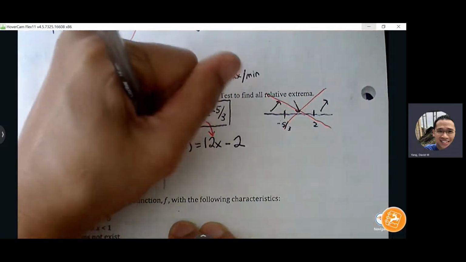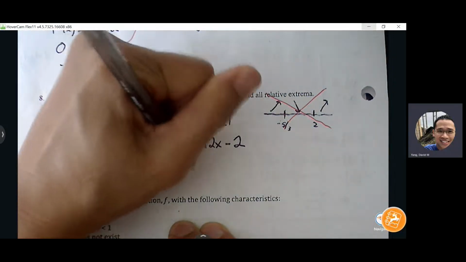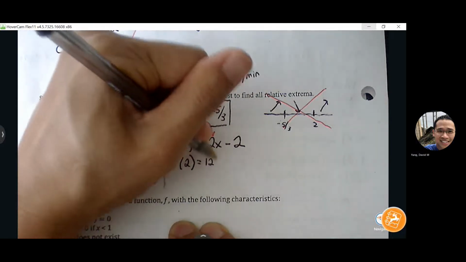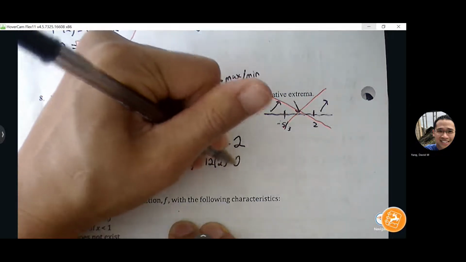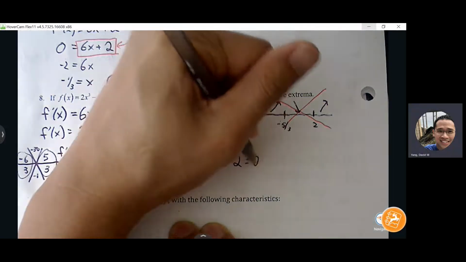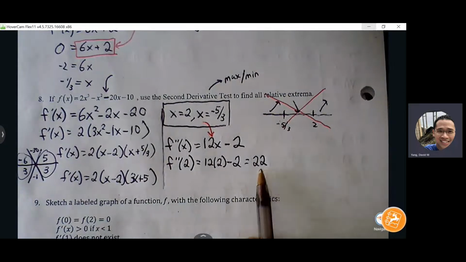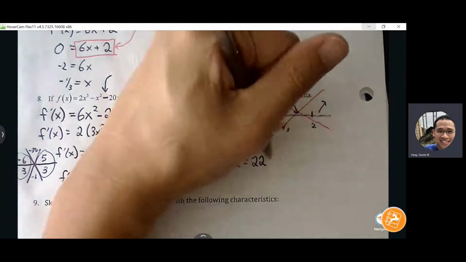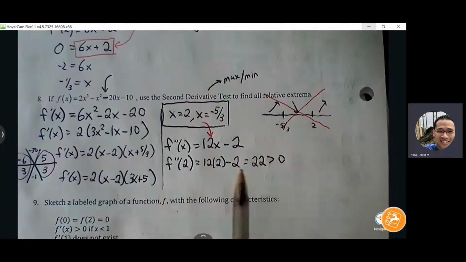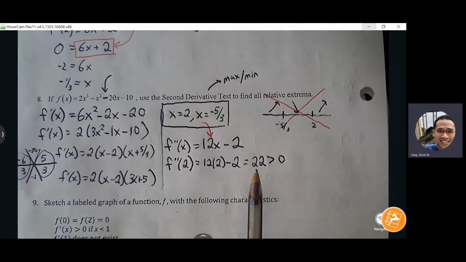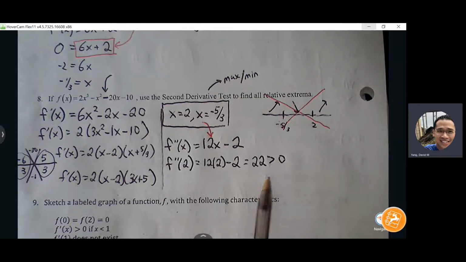Okay, so f double prime of 2. I'll insert 2 in first. I get 22. Okay, the number is not that important. What's the important thing here? That it's positive. Let's verbalize it. A positive second derivative value means what? Concave up.